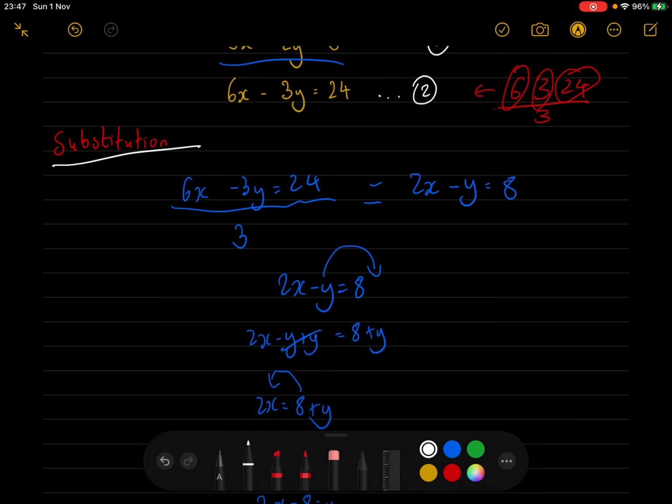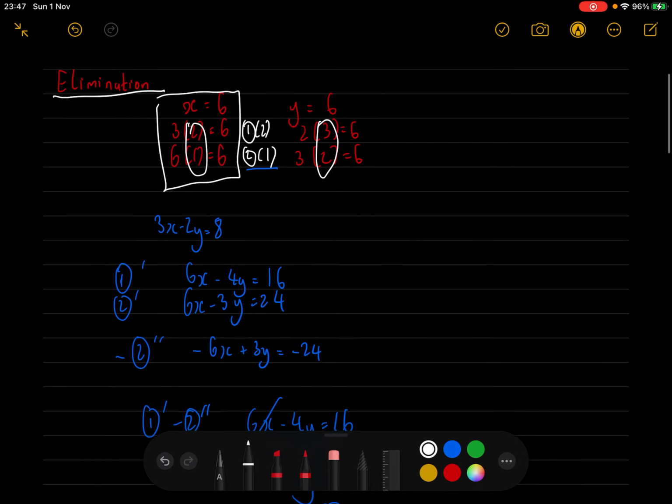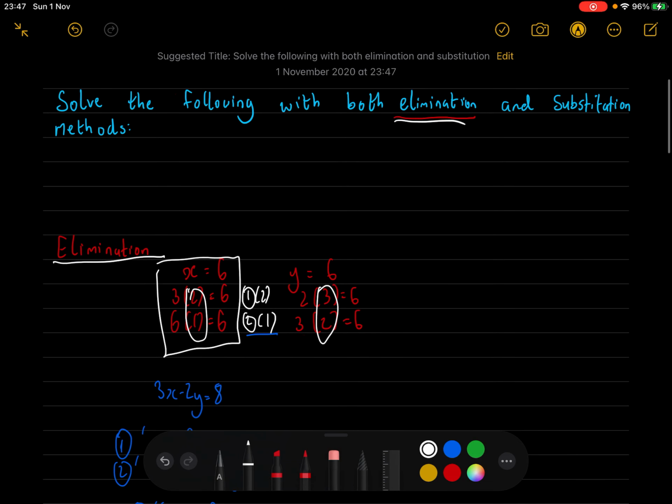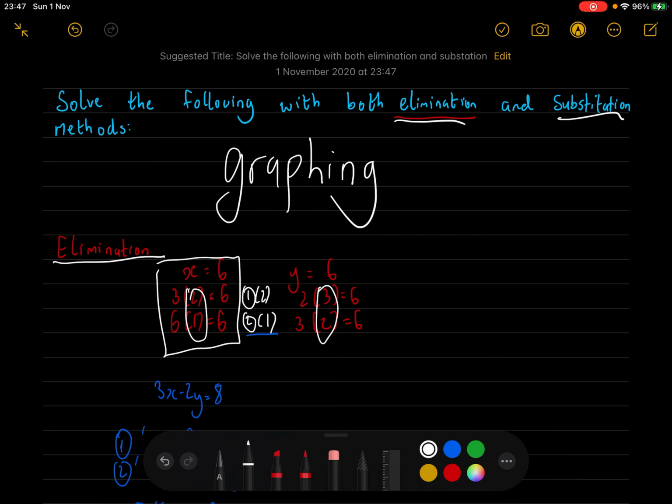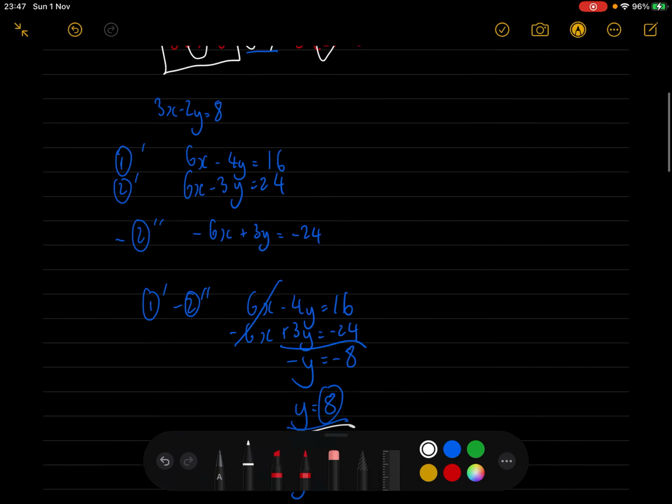You should never limit yourself, because sometimes questions can ask you to solve with both, even with other methods like graphing, and also with specific methods. So it's better you understand and consolidate all of them and then choose the one you like. But make sure that you can at least use all of these three methods in simultaneous equations regardless.